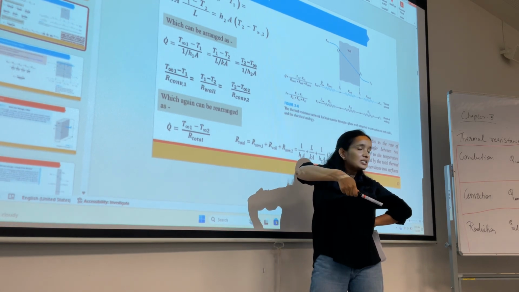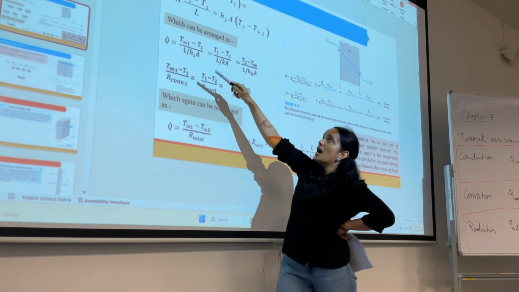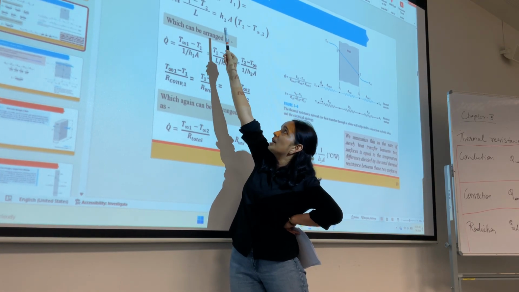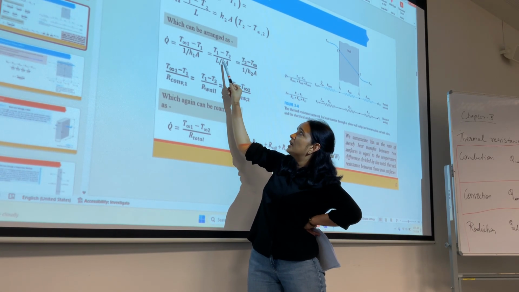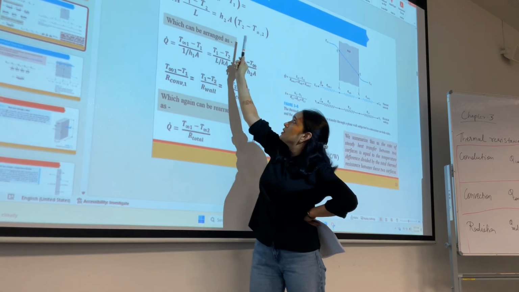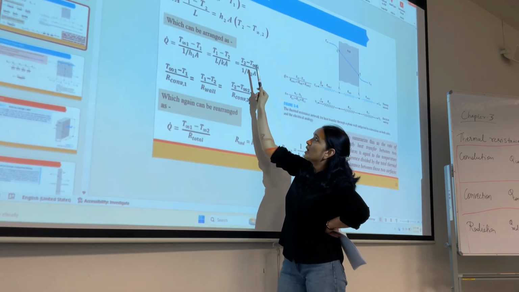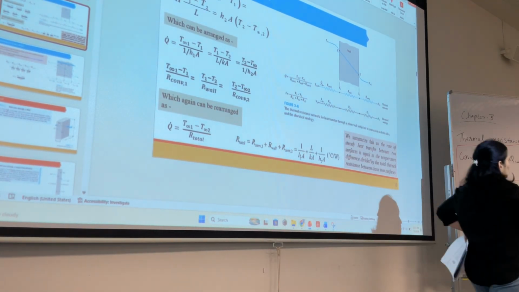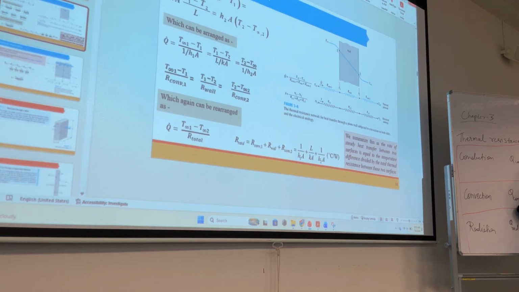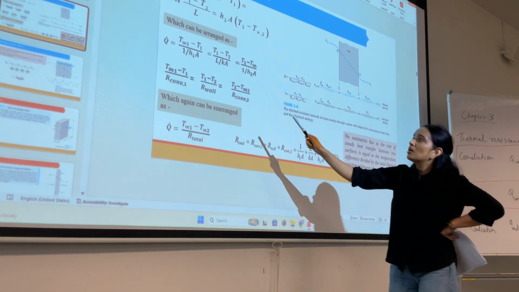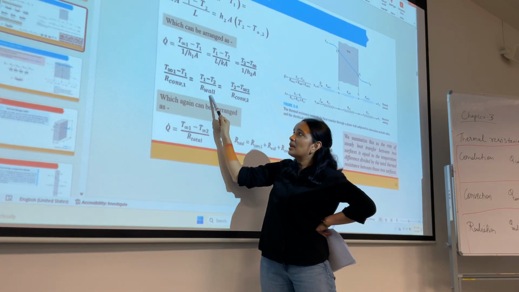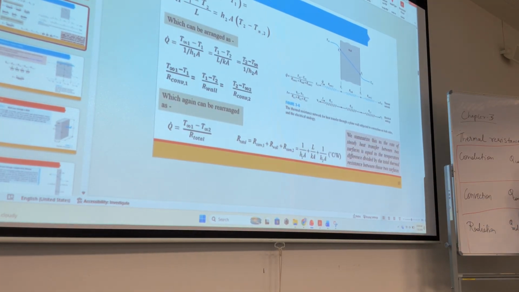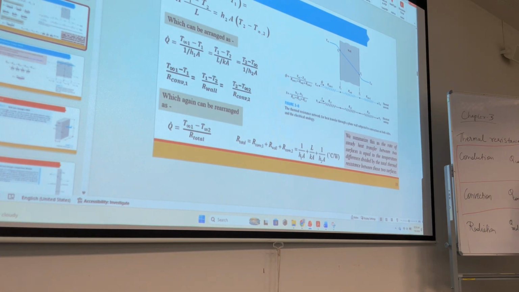In the thermal resistance analogy, we can change them. I can write T infinity 1 minus T infinity 2, and in the denominator, 1 divided by h1 A, then L divided by kA, then 1 divided by h2 A. 1 divided by h1 A can be written as R convection, L divided by kA can be written as R conduction, and then again R convection.